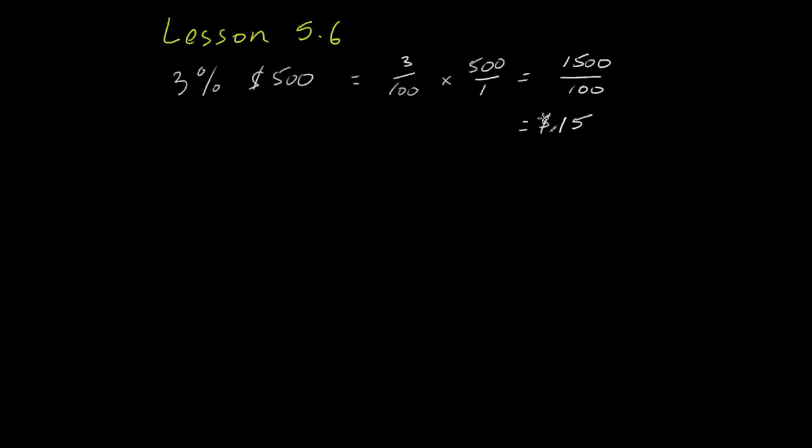It means that in the first year, because interest is paid annually, the amount that Mary had, which was $500 to begin with, at the end of the first year, she will have earned $15. And so in her account, she will have $500 plus the interest that she's earned for that year, which comes to $515.